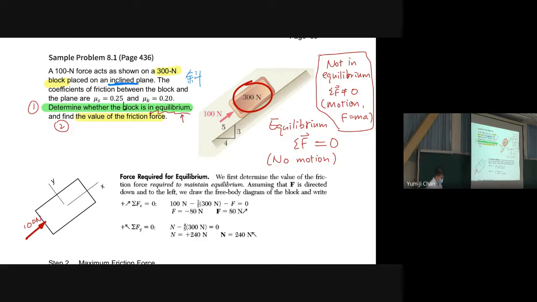And what else do we know? We know the weight of the block is 300 Newtons. It means 300 Newtons is going which way? Down.